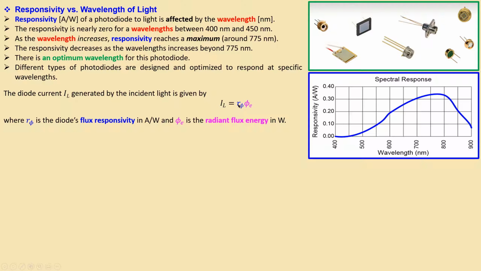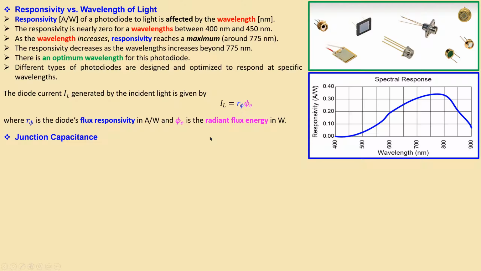Those two combined in a product give you the current generated by incident light. So if you increase your R sub phi, the responsivity, you will of course have more current.